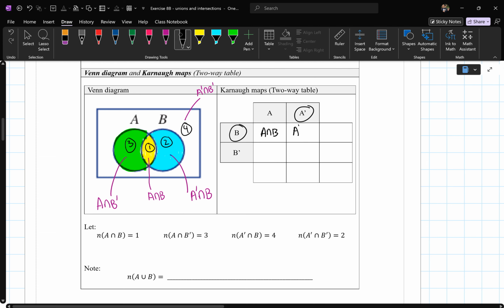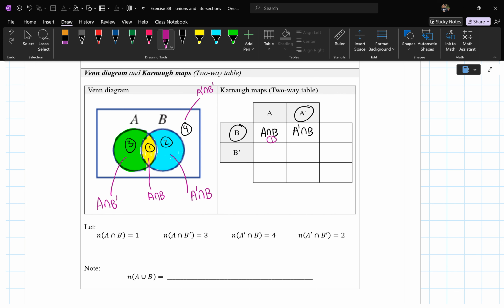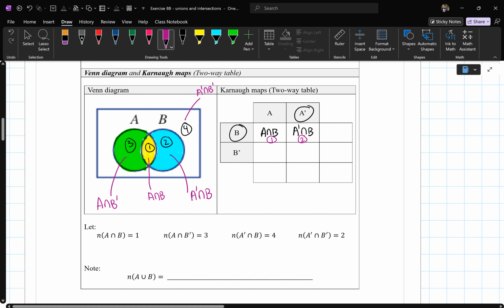So hence, not A intersects with B, which makes sense, because if you add region 1 and region 2 together, it's like adding the yellow and blue together, and you actually get all of B. That's why the last row, when you add all the regions together, should give you B. So that's B there, then this becomes B too. That's full B.